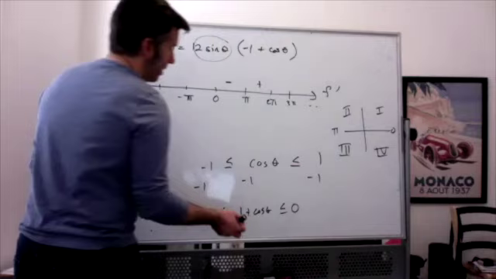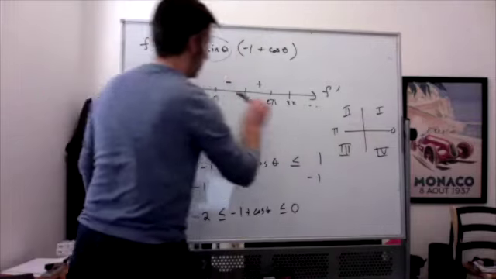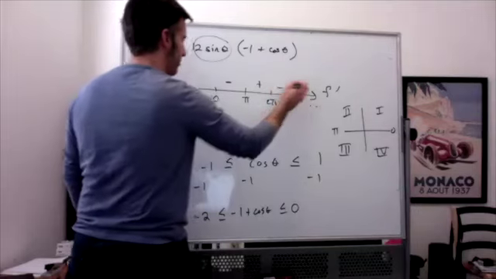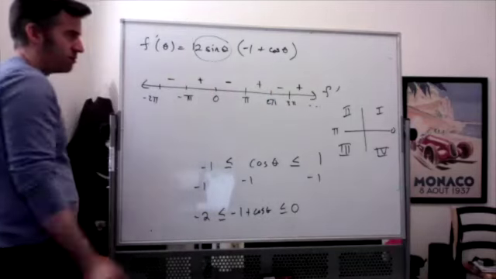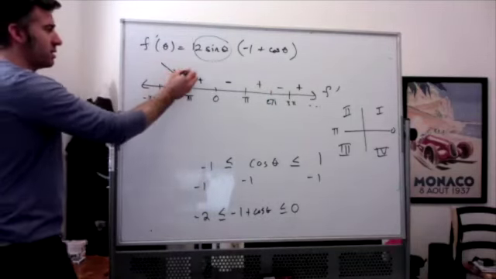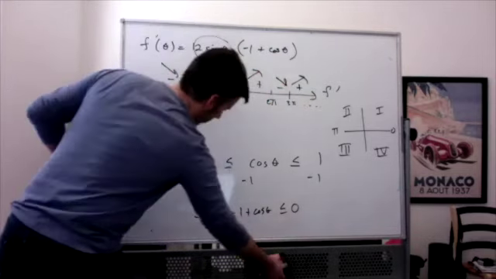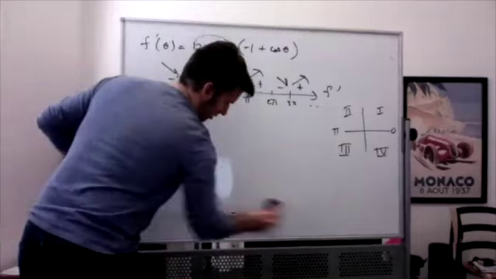So anyway, when we're on top, it's going to be negative. When we're on the bottom, it's going to be positive, and it's going to keep doing that. So it's decreasing, increasing, decreasing, increasing, decreasing, increasing.